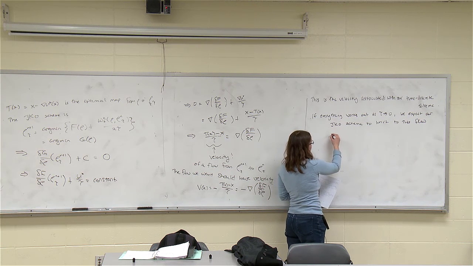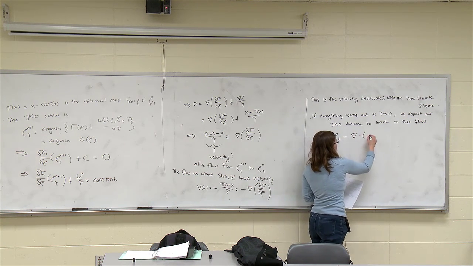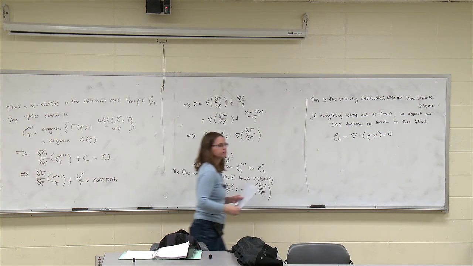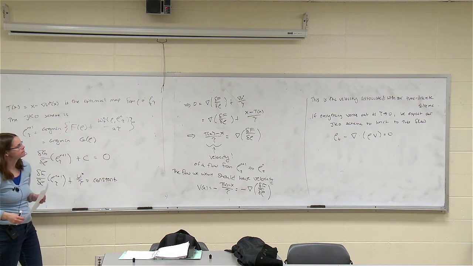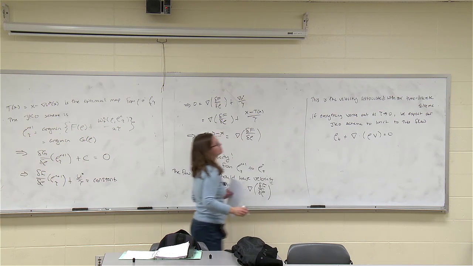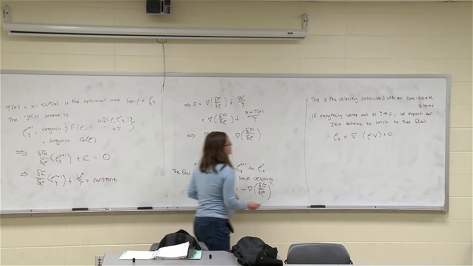So what was rho t minus the divergence of rho v equal to 0, and now we have a candidate for v.